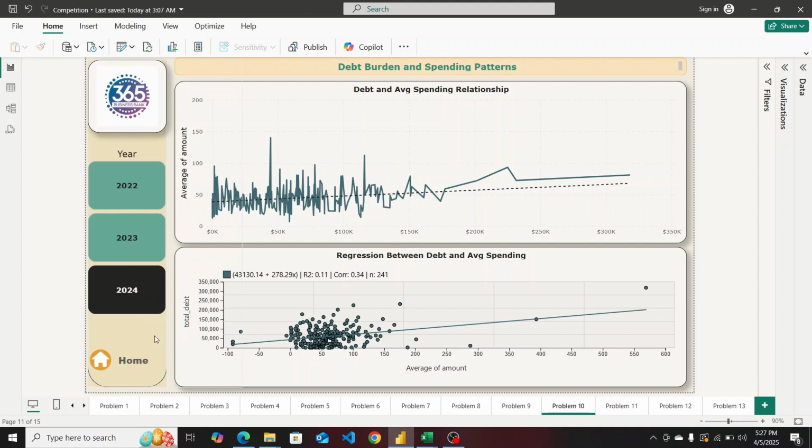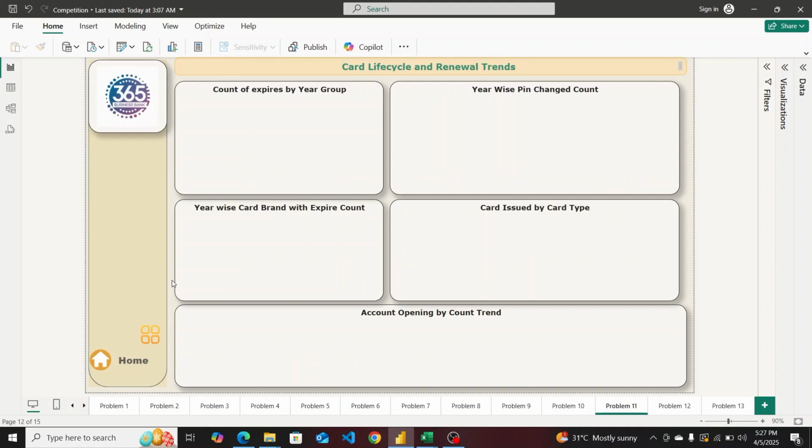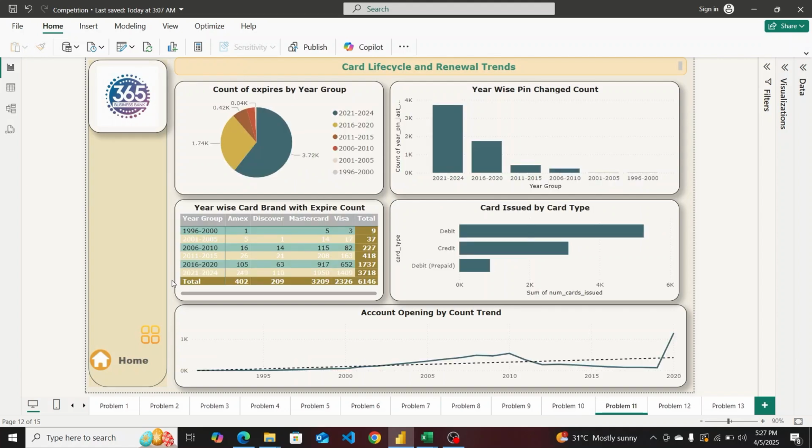So let's move to the other problem. Problem 11, card life and renewal trend. This chart shows the count of expires by the group.